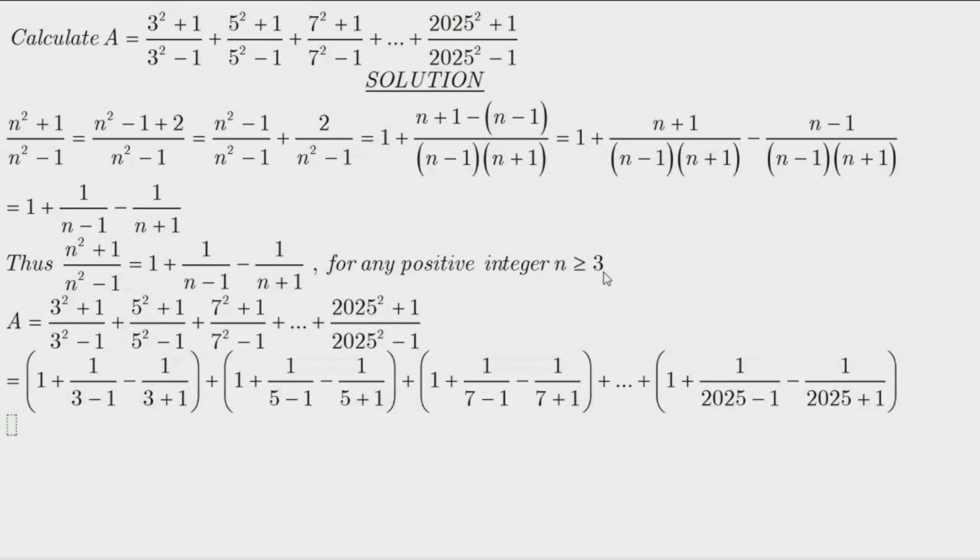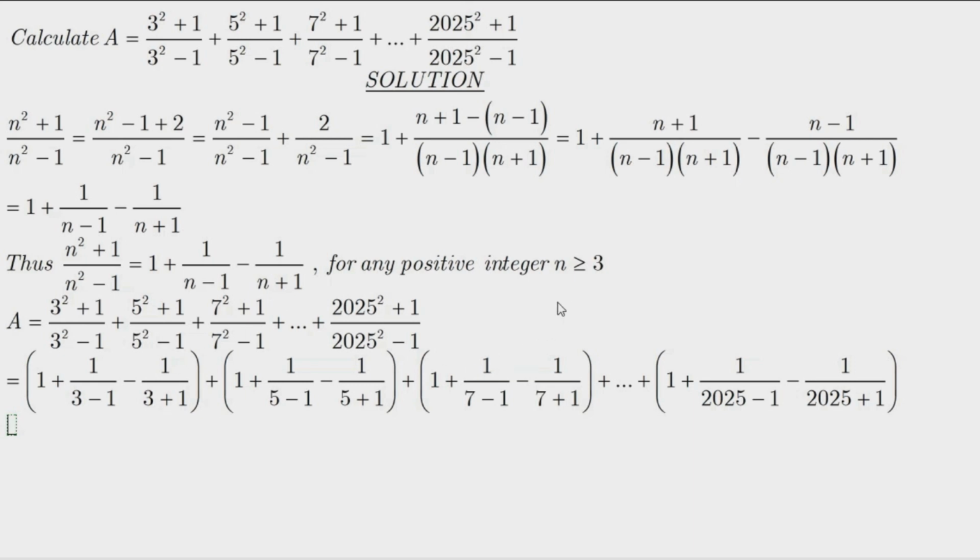When n equals 3, 3 squared plus 1 over 3 squared minus 1 will be equal to 1 plus 1 divided by 3 minus 1, and then minus 1 divided by 3 plus 1.